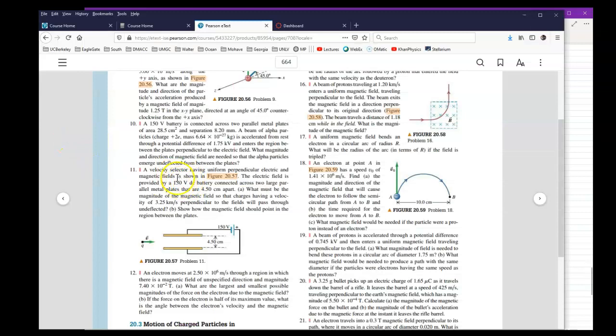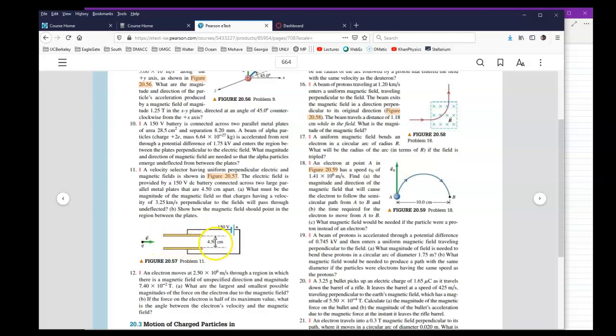Okay, so he says here, a velocity selector having uniform perpendicular electric and magnetic fields. Fine, we got that so far. Here is the velocity selector, right? And then you've got the particle moving, so it's going to go through it here, and we're going to fine-tune it in such a way that we want this particle to go right in the middle. He gives you the distance between the plates.